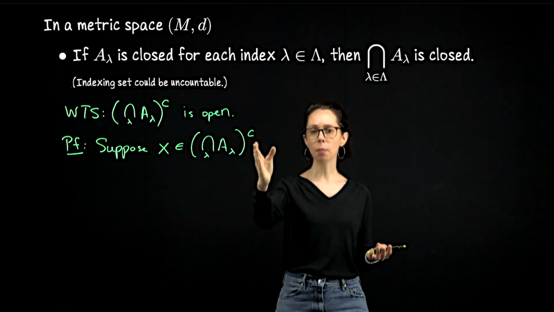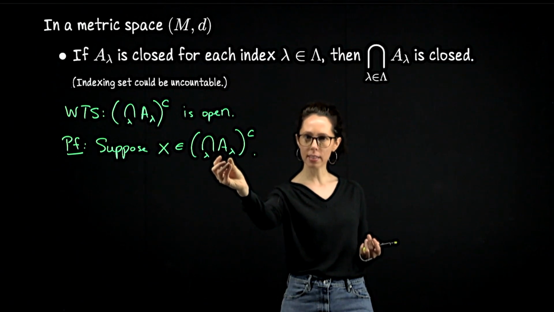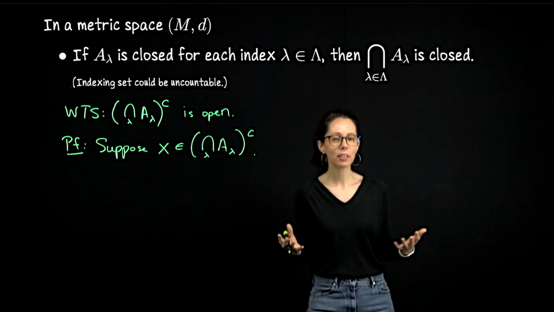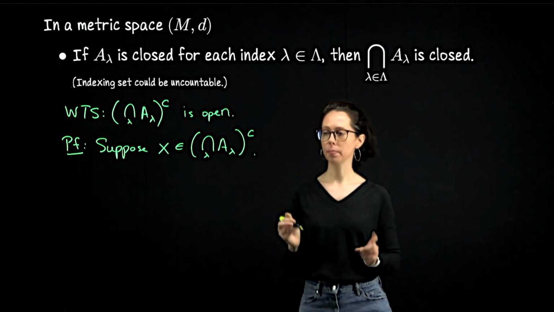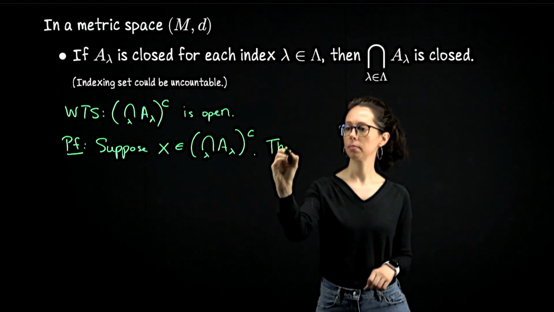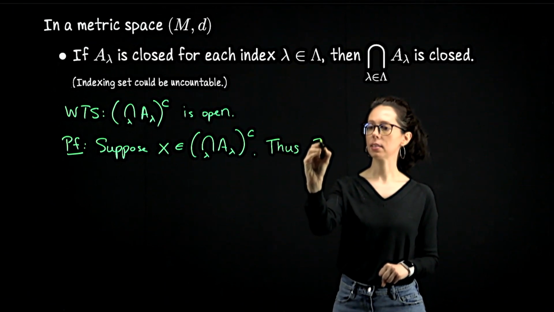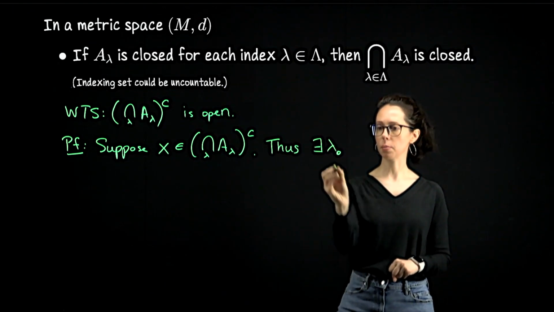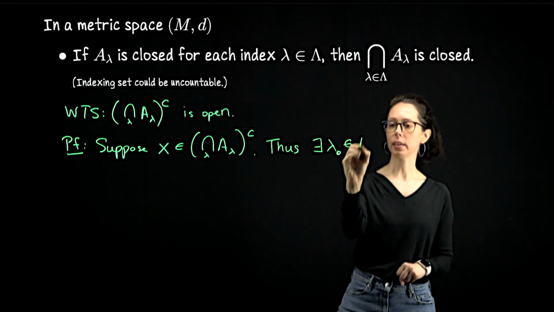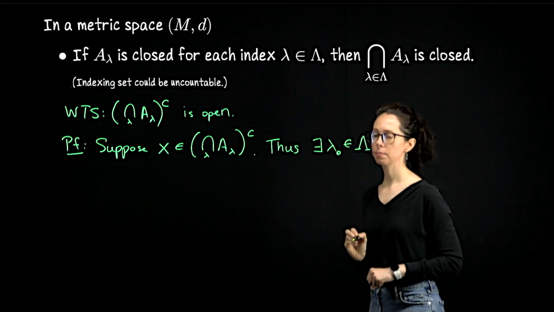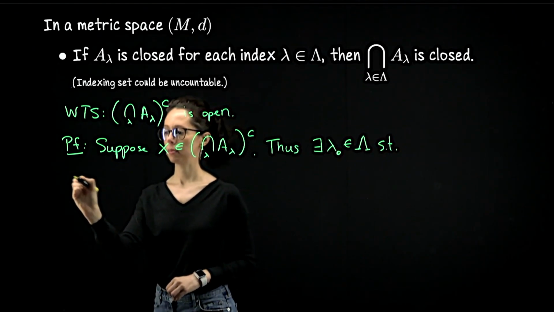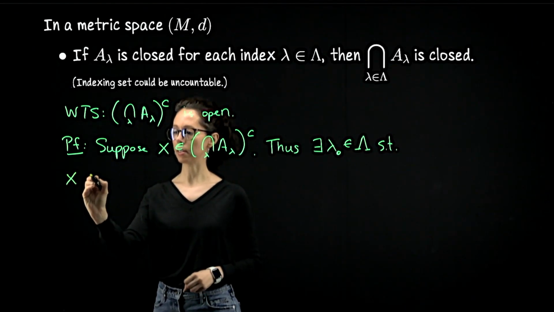If x is in the complement, it means that there's at least one of these A sub lambda that does not contain x. I don't know how many such sets there are, but there's at least one. So thus, there exists some index, I'll just call it lambda naught, subscript 0, from the indexing set so that x is not in that set.